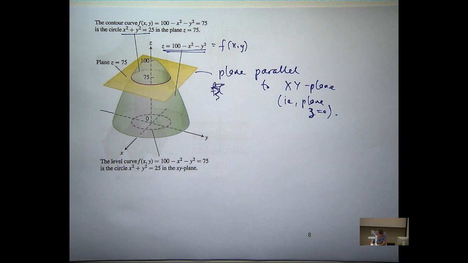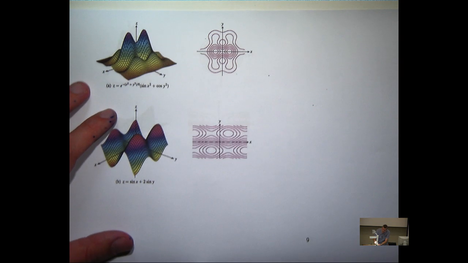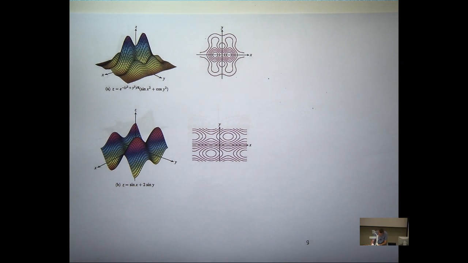And as we're going to find out, that's quite handy. It's going to be quite handy. Okay, so here's some surfaces and the level curves associated with them.